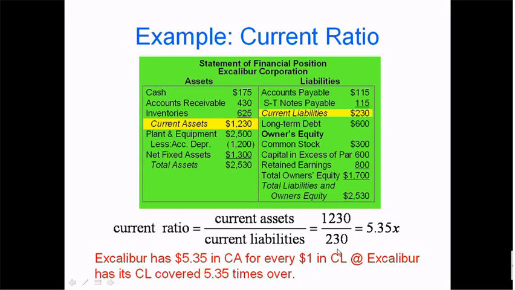For every $1 here, I have $5.35 available to pay off every $1 of current liabilities. Or we can also say that Excalibur has its current liabilities covered 5.35 times over. It's quite simple to perform the calculation here. It's just current assets divided by current liabilities, nothing complicated. You just have to understand what it means here. 5.35 times also means 535%. You are comparing the ratio.